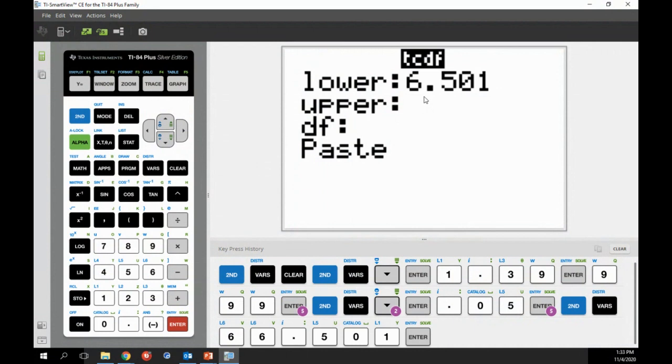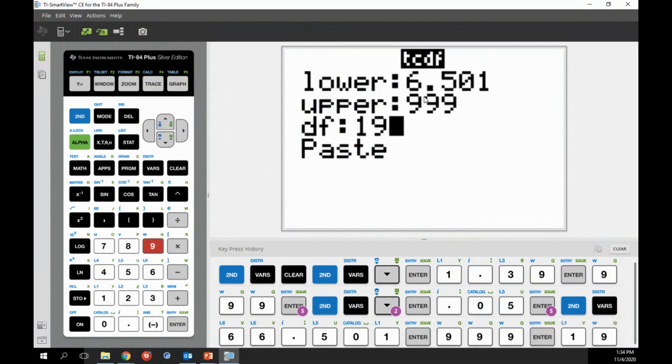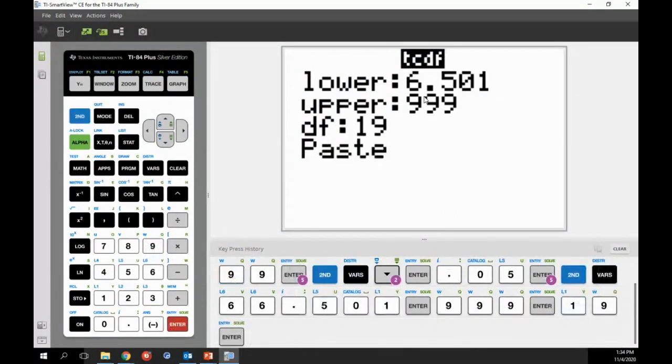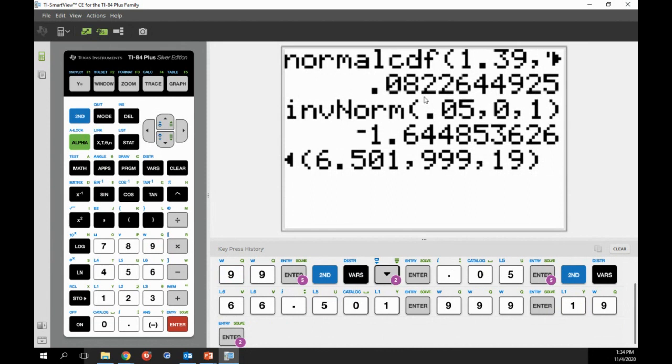So I'm going to just say 999 sounds good. And then for degrees of freedom, what did we say? 19. And we'll come down here to paste. Hit enter.